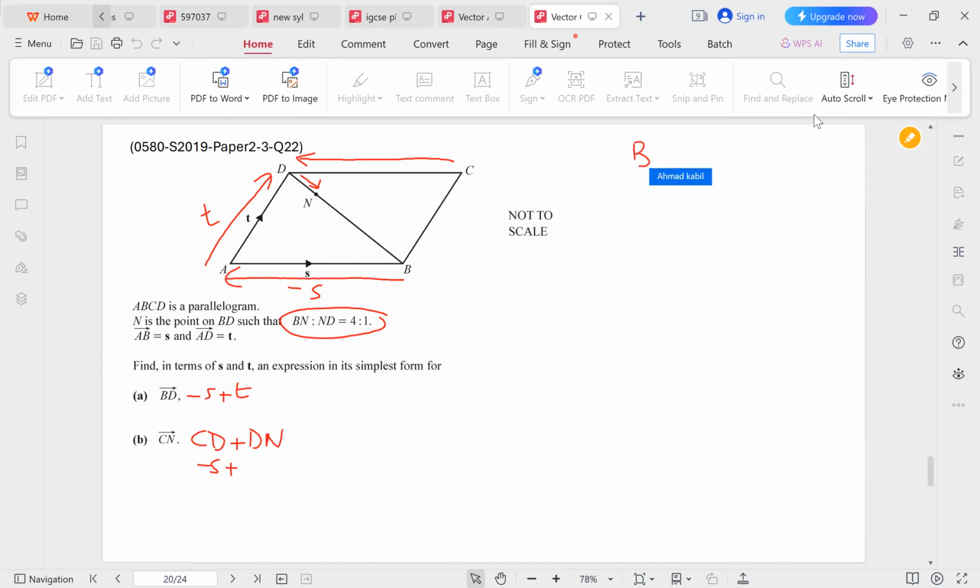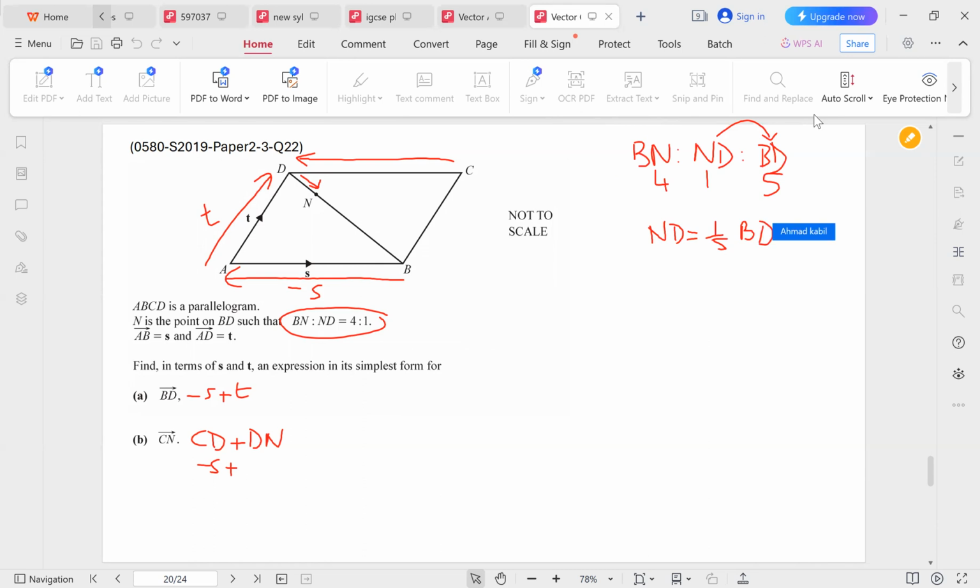BN to DN or to ND, and the total would be BD. Now we are interested in DN, so we're going to link these two together. And the ratio here is 4 to 1 to 5, because BD is the total. So ND equals 1 over 5 BD.